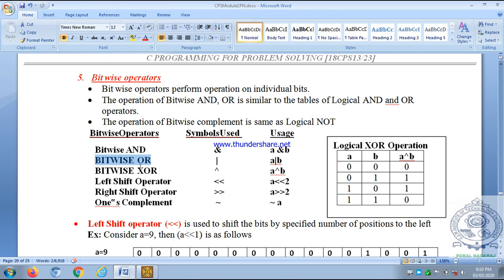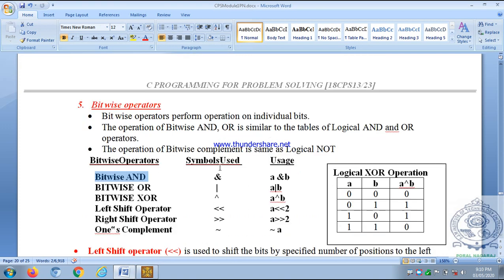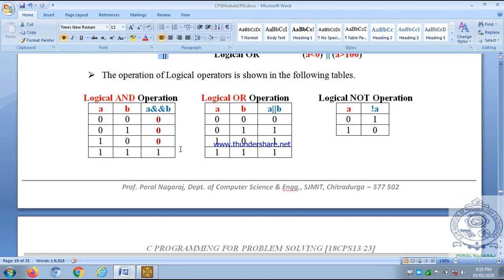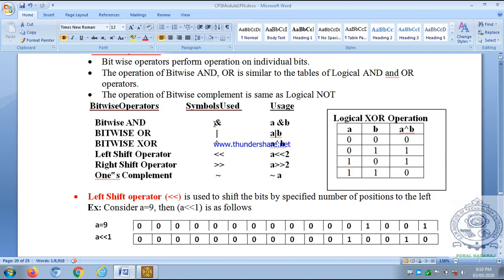That means in bitwise OR, both inputs are 0, output is 0. In bitwise AND, both inputs are 1, output is 1. But here you can observe, in logical AND we have two ampersands, and in logical OR we have two vertical bars, whereas in bitwise AND we have a single ampersand, and in bitwise OR we have only a single vertical bar.